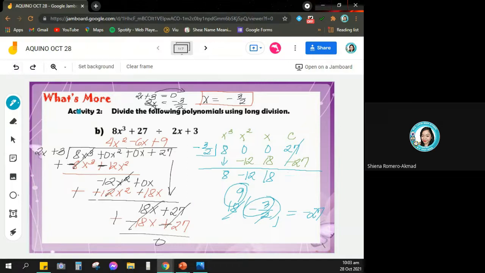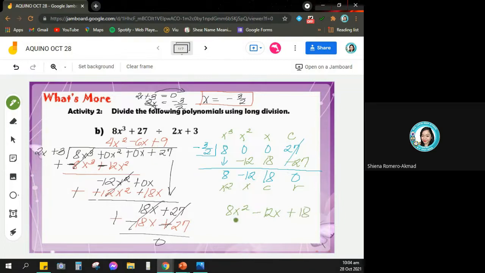So what will be my final answer? My final answer will be, katulad lang din kanina, this is the remainder. This is the constant. This is the x. And this is x squared. So we have 8x squared minus 12x plus 18.